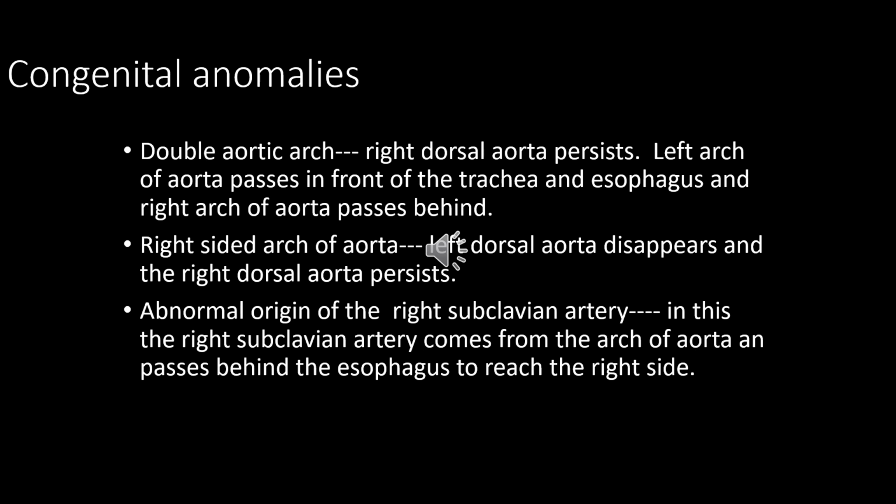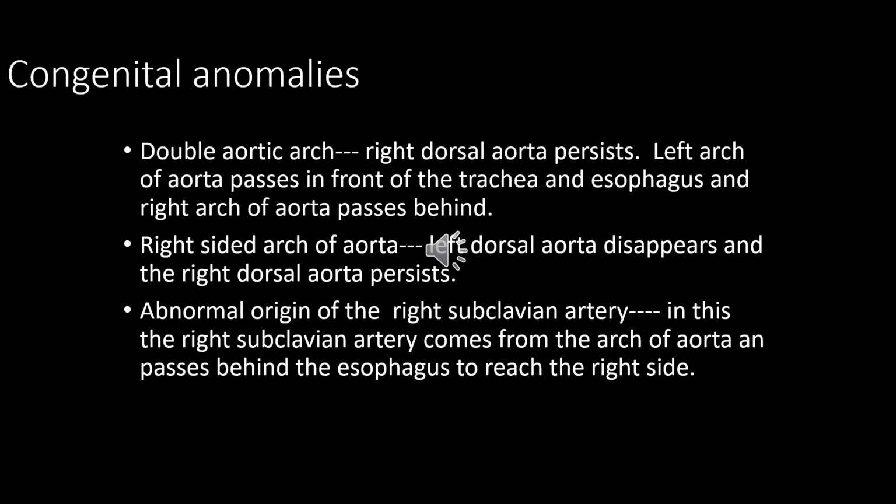And the other anomaly is the abnormal origin of the right subclavian artery coming from arch of aorta, which is on the left. This is what I told you during the development of these blood vessels. The right and left will be causing us some sort of confusion. If we think logically, the right subclavian artery, which is going to supply the right upper limb, is coming from the arch of aorta, which is arching to the left.